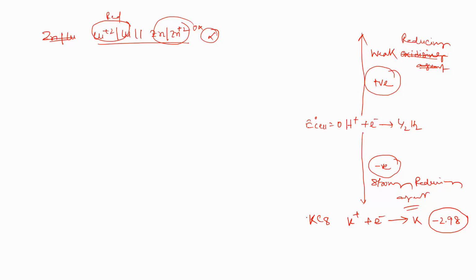So it is a highly negative reduction potential. In the potassium case, it is a strong reducing agent. It can reduce another species easily, but simultaneously it will be oxidized to potassium plus. So potassium going to potassium plus plus an electron is the oxidation reaction.